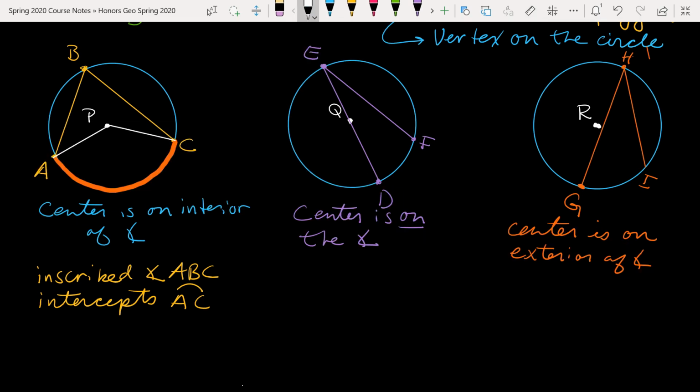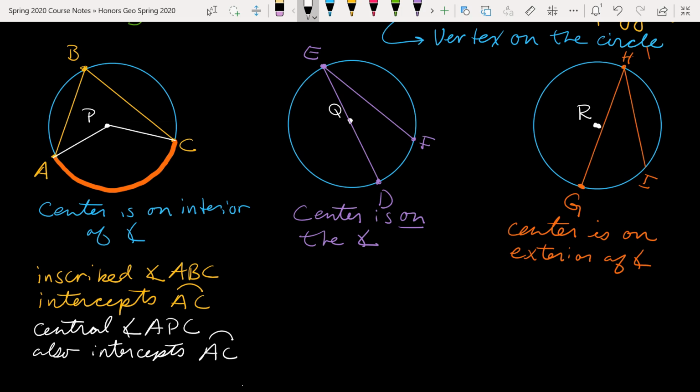Most importantly, there's a central angle that intercepts the same arc as well. And indeed, if we wanted to, we could draw in chord AC that would also intercept arc AC. But what we need to note here is that there's a special relationship between the inscribed angle that intercepts a particular arc and the central angle that intercepts the exact same arc.